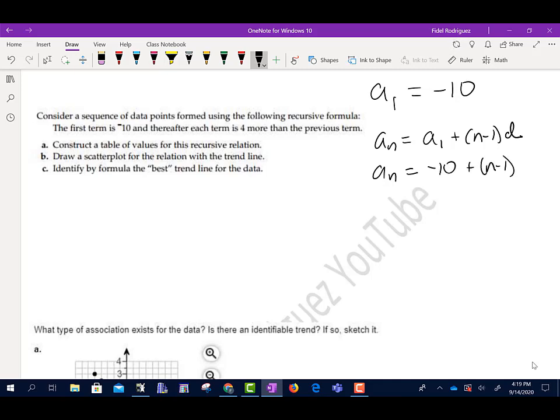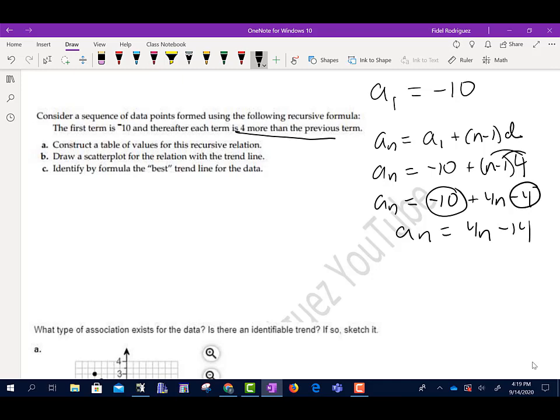It says each term is 4 more than the previous term, so my difference is going to be +4. So I'm going to say -10, and I'm going to go ahead and multiply this out. That's going to give me 4n minus 4. So this will be 4n, -10 and -4 would be -14. Okay. So what I've actually done here, guys, is part C first.